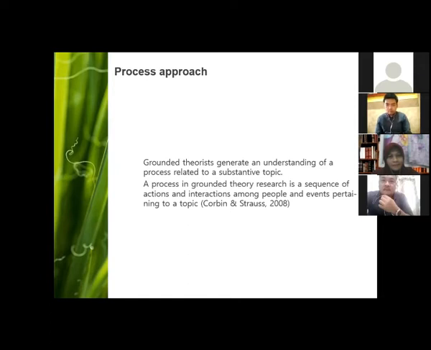Meaning that categories in grounded theory designs are the themes of basic information used by the researcher to understand the process. In this grounded theory research, there are several types of labels or titles used related to the themes or categories. One of them is what we focus on.